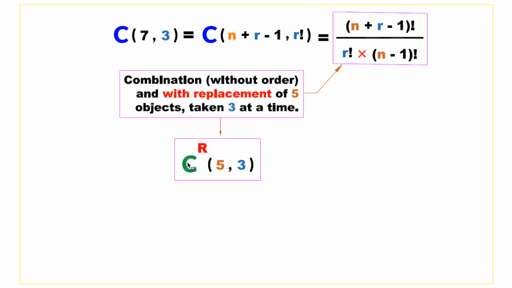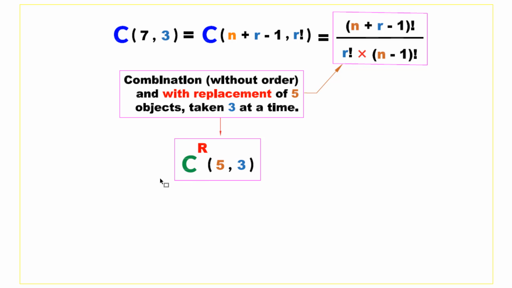So we are going to write this in precise form. We are going to write combination, and we are going to write this annotation here as r to distinguish that from combination without replacement. So here we have combination with replacement. If r is not here, then this combination is without replacement.